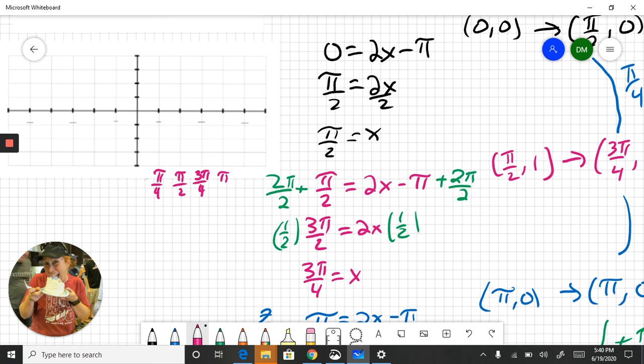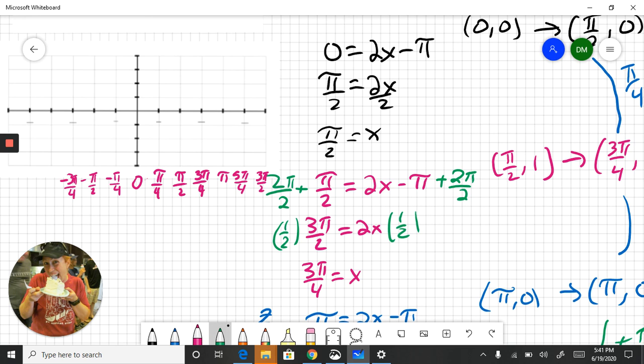Pi over 4, 5 pi over 4, 6 pi over 4, which is 3 pi over 2. I'm going to keep counting in the other direction. 0, negative pi over 4, negative pi over 2, negative 3 pi over 4, and I'll keep going if I needed to.